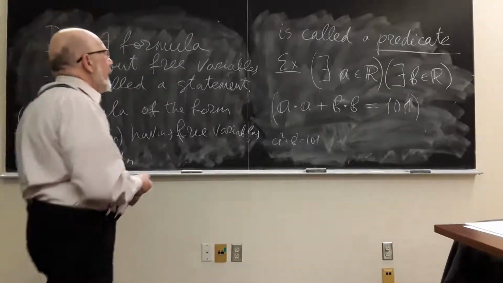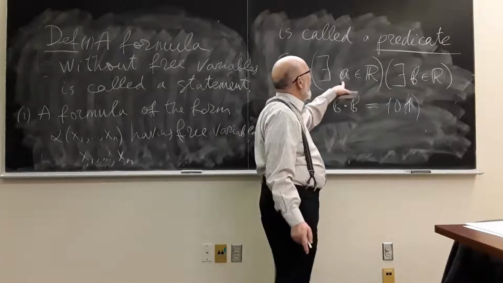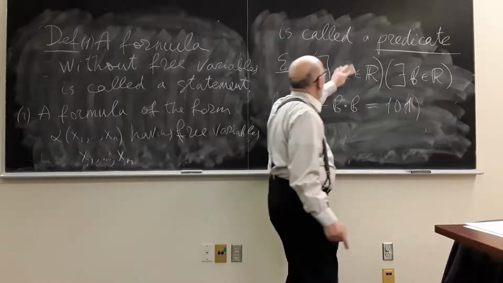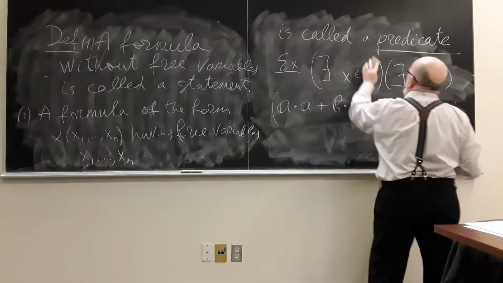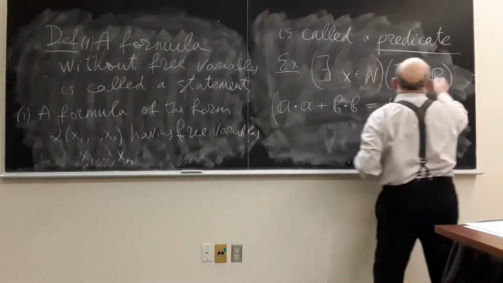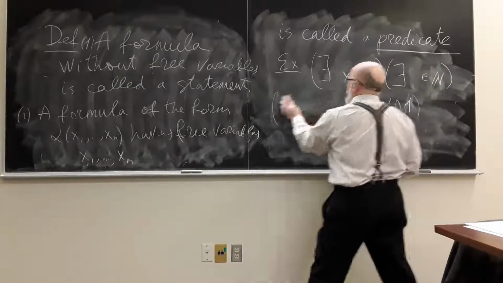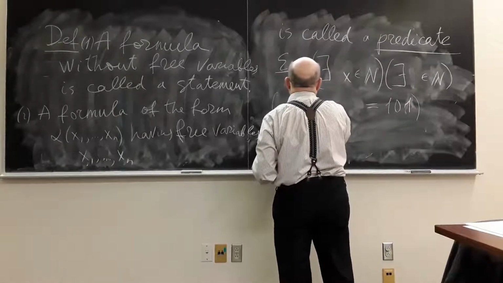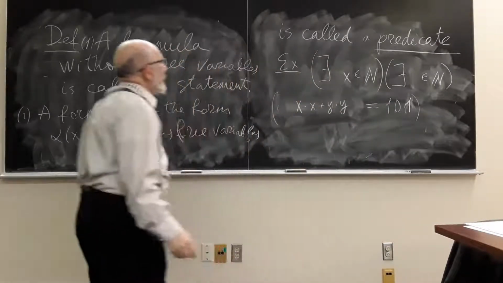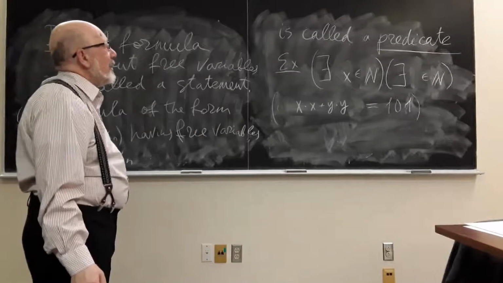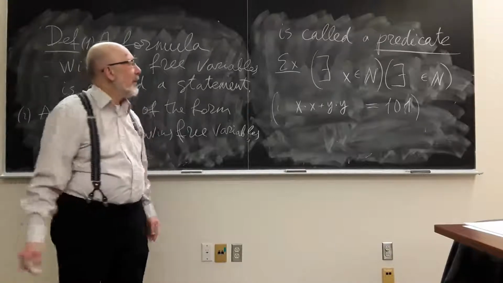It is grammatically correct, and it says that we have two variables. To be consistent, x dot x plus y dot y equals 101. So this is a statement. It is something which can be true or false.